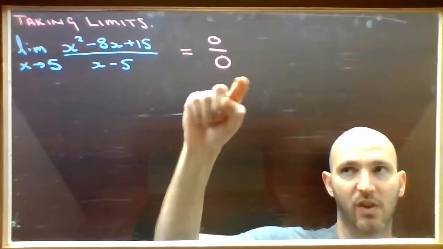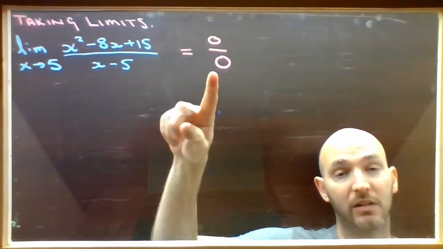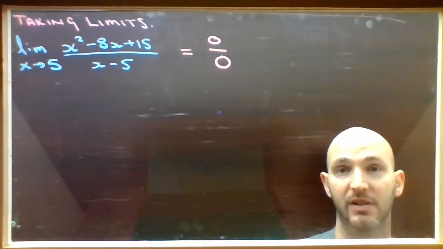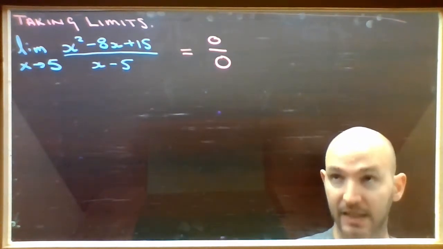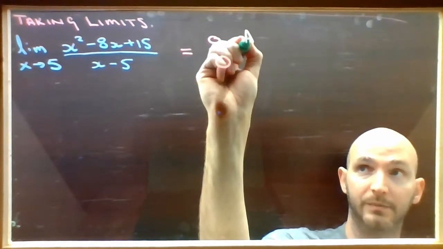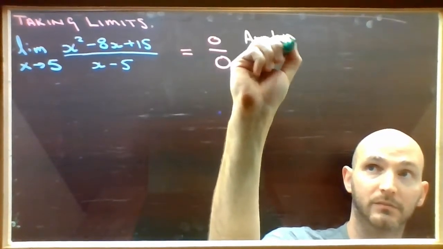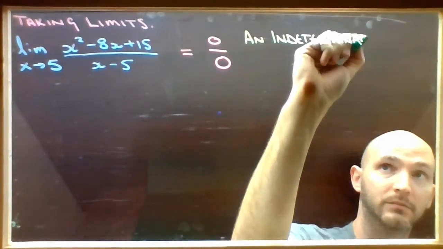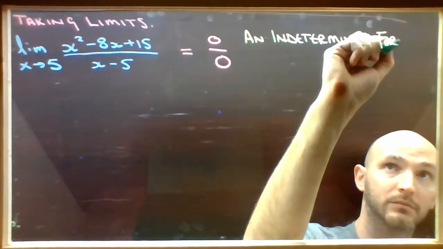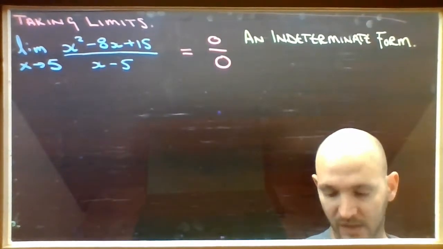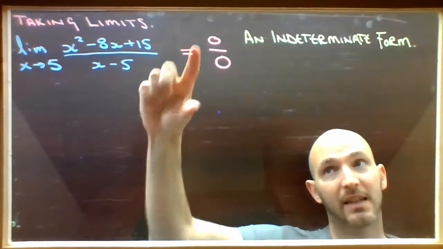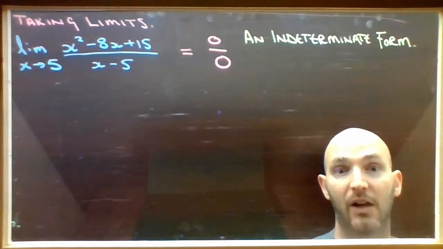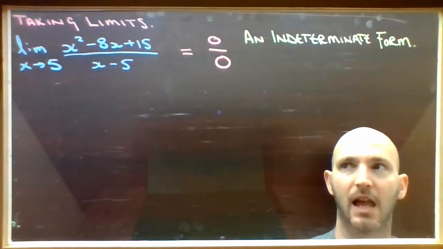So this little structure here, because that's the trigger for all of these more complicated processes to solve this question, this thing gets a name, and this thing is called an indeterminate form. So what that word is saying is that this thing, the way it's written, isn't enough to come up with a value, because the question doesn't make any sense.